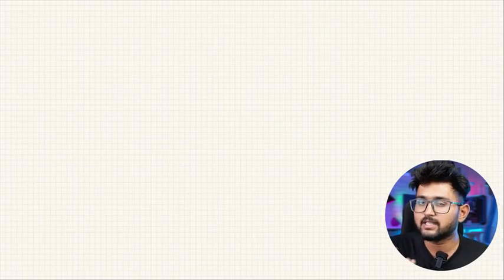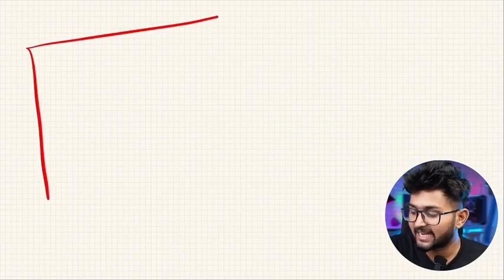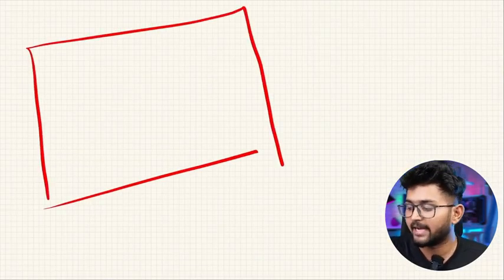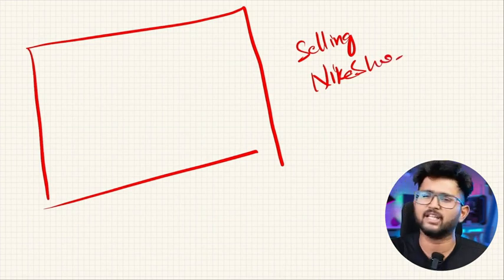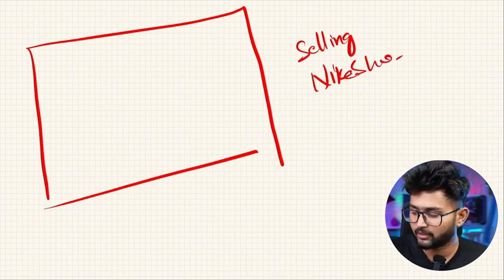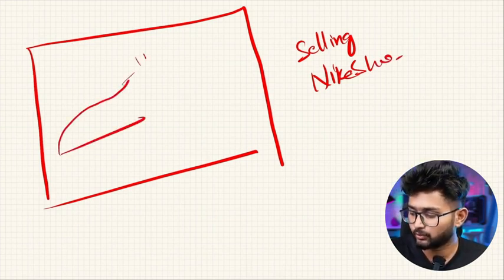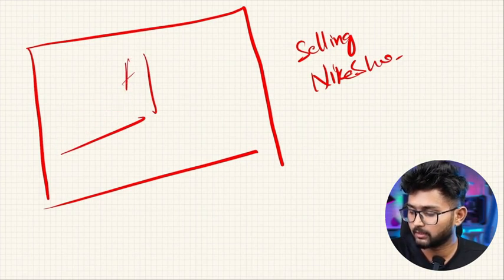right? For example, let's take a case of you designing a banner, right? A banner for selling Nike shoes, or maybe any shoes, or maybe anything. So what do you have? You have a shoe over here, correct? Just imagine this like a shoe.